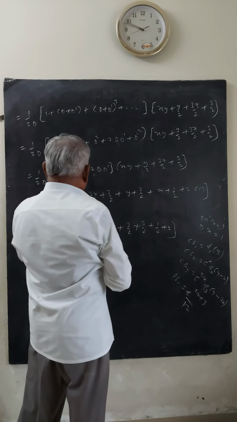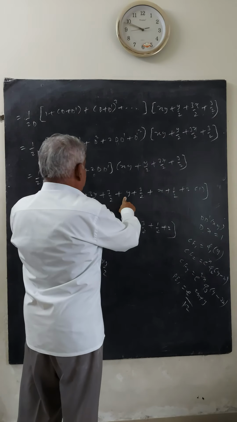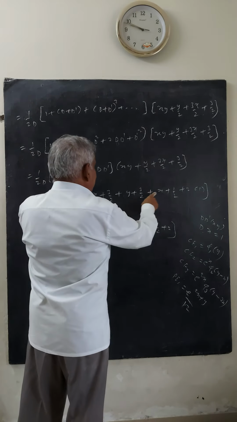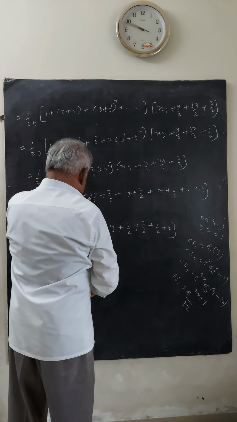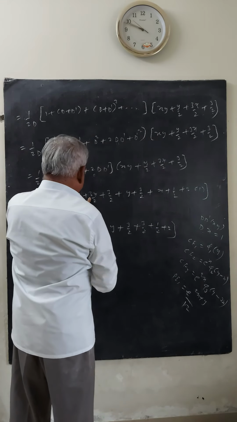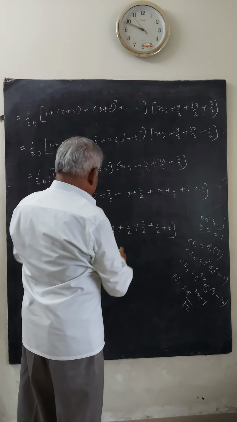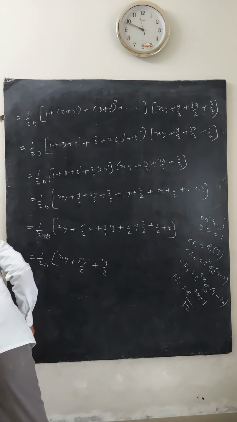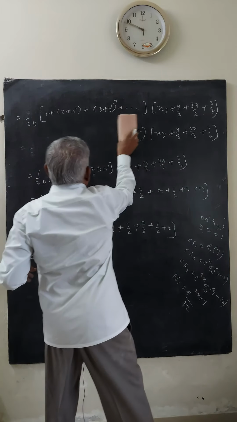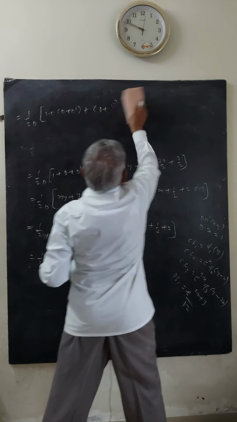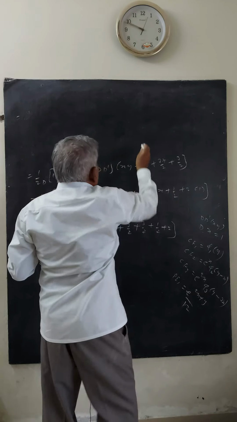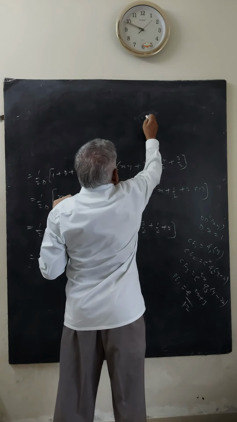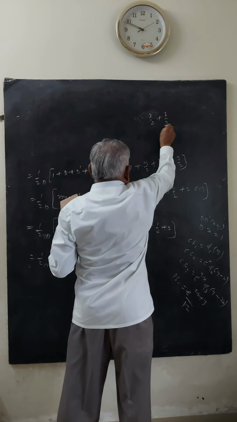Coefficient of y is 1 by 2, here 1 is 1, 1 by 2 plus 1 is 3 by 2, 3 by 2 plus 1 is 5 by 2, x 5 by 2, and plus 3 by 2 plus 1 by 2 plus 2.